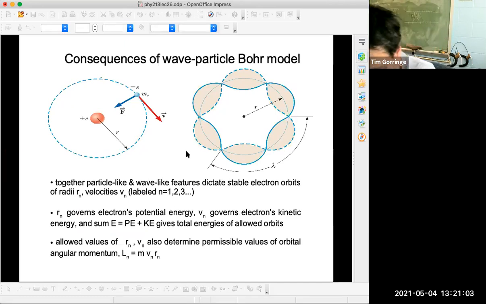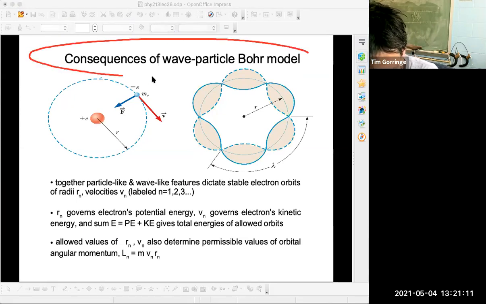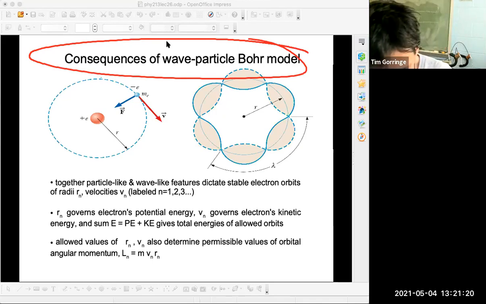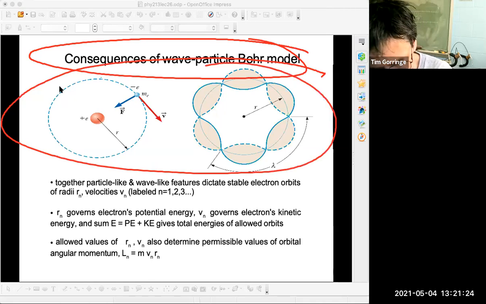Well, so if you put that wave picture of the Bohr atom together with the particle picture for the Bohr atom, you get a number of important results. So remember, on the left here, this was the particle-like view of the atom, and over here on the right, this is the wave view of the atom.